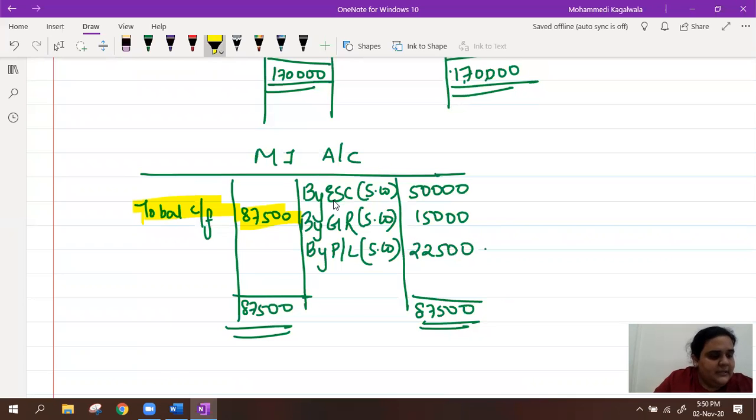Now see the balance sheet. I'm not going to make the complete full balance sheet. Like, I'll just take the important items and I will make it.